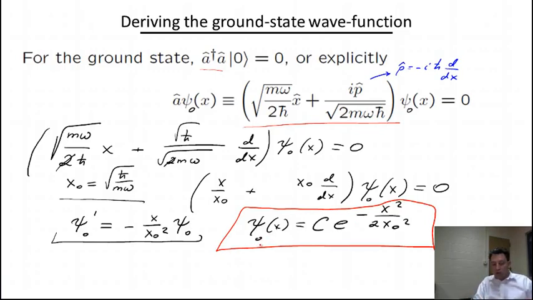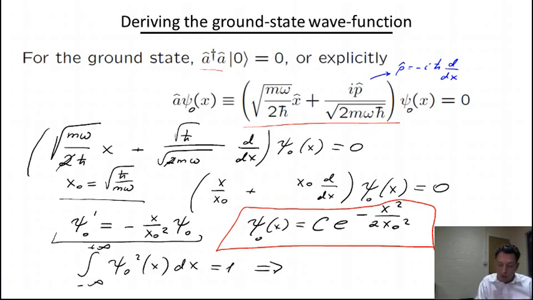And so, the total probability of finding a particle somewhere in space must be equal to 1. Therefore, this integral from minus infinity to plus infinity of psi naught squared, and I don't bother here with the complex signs because everything is real so far, must be equal to 1.